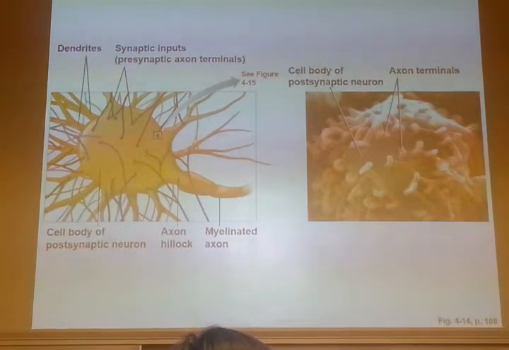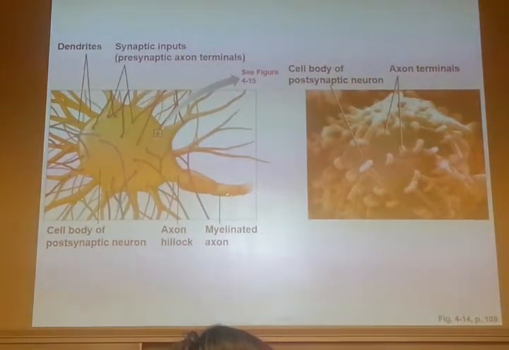They have to add all the inputs of all the charge: positive if it's excitatory, negative if it's inhibitory, and you have to get all those charges adding to threshold, which is usually about 20 millivolts in the positive direction, plus 20 millivolts at the axon hillock.